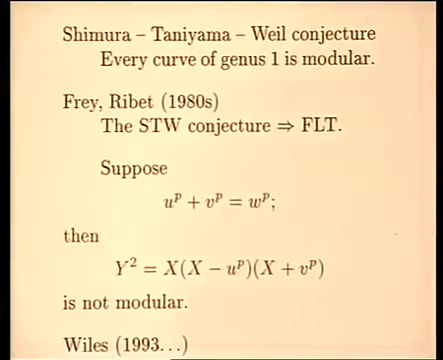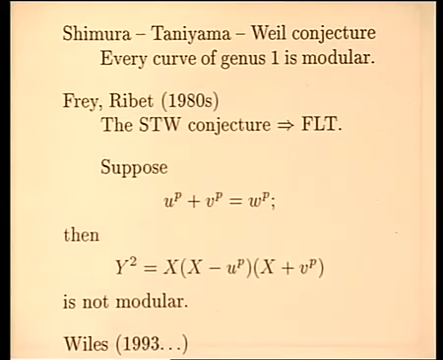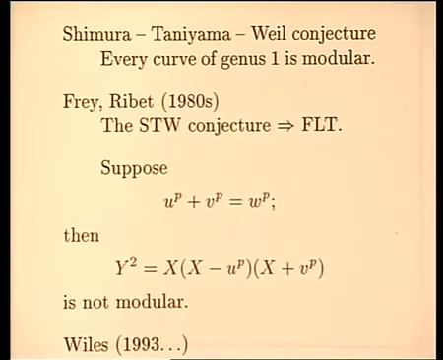One can think of modular curves as being the good ones. The Shimura-Taniyama-Weil conjecture is simply that there aren't any bad ones. The relationship to Fermat's theorem was found by Frey and Ribet in the 1980s. They showed that if the Shimura-Taniyama-Weil conjecture is true, then Fermat's theorem is true.